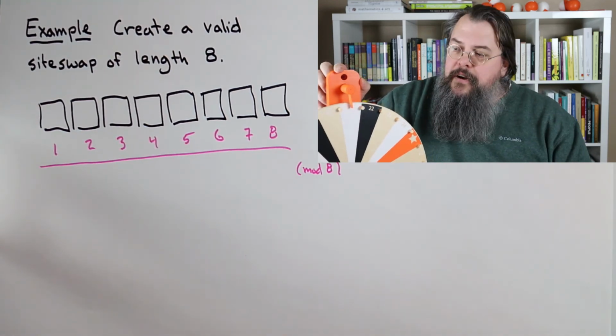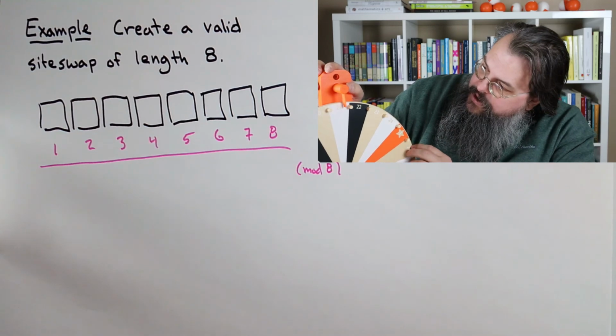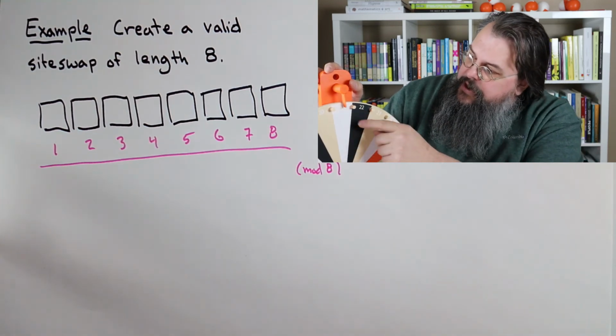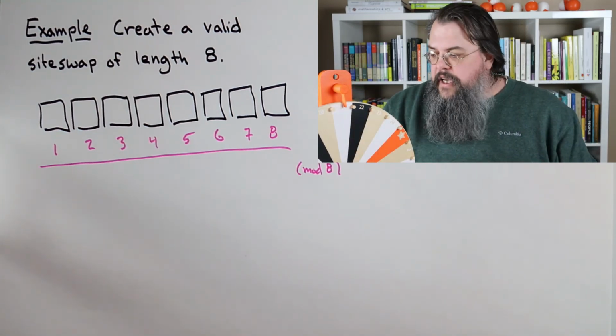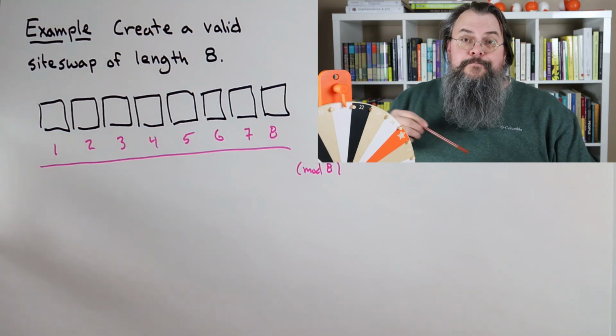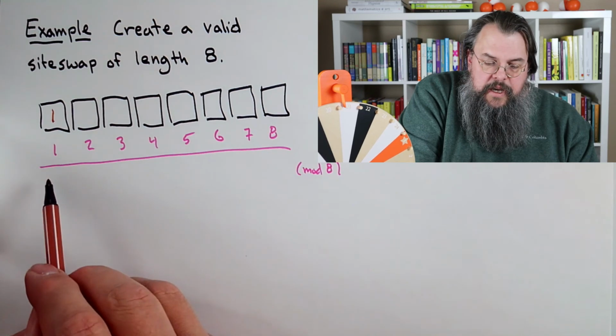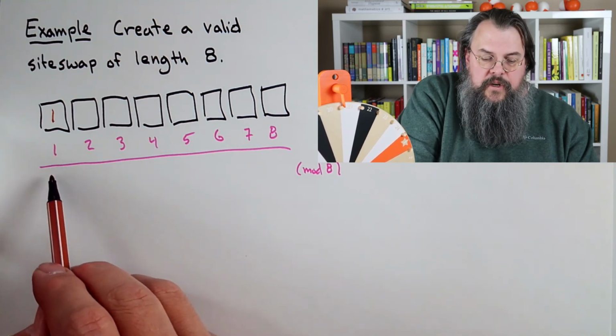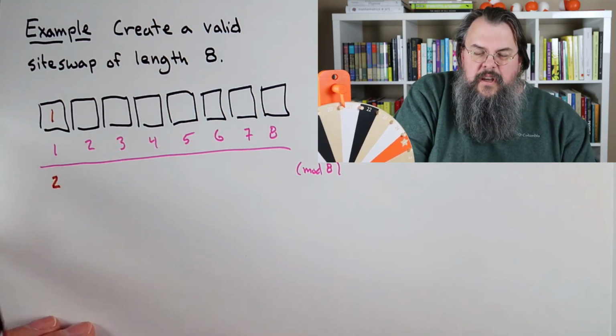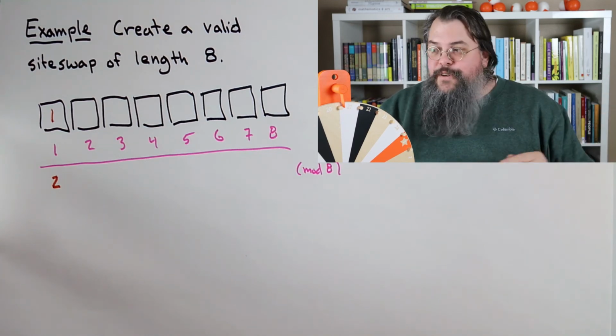What do we have? Our first throw, our last digit, well, it landed on 21, so we'll say, okay, it starts with a 1. Okay, that's easy enough. Put a 1, and now 1 plus 1 is 2, 2 mod 8, 2. The first throw never creates a problem.